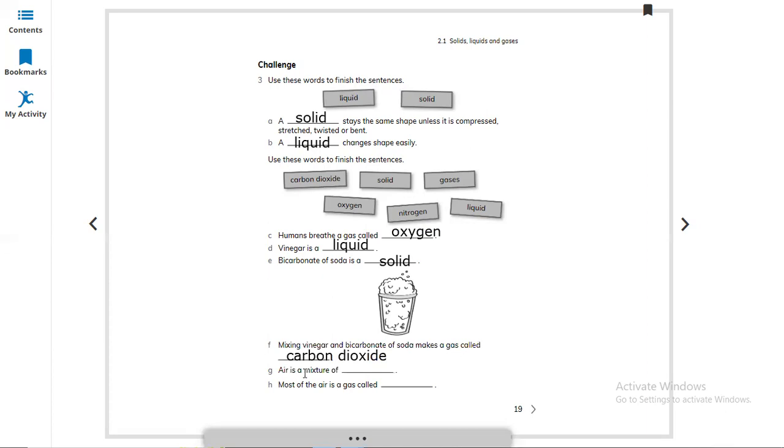And air is a mixture of gases. In the air there are different gases, carbon dioxide and oxygen. Most of the air is a gas called, not oxygen, not carbon dioxide, it's nitrogen. In the air, mostly it's nitrogen.